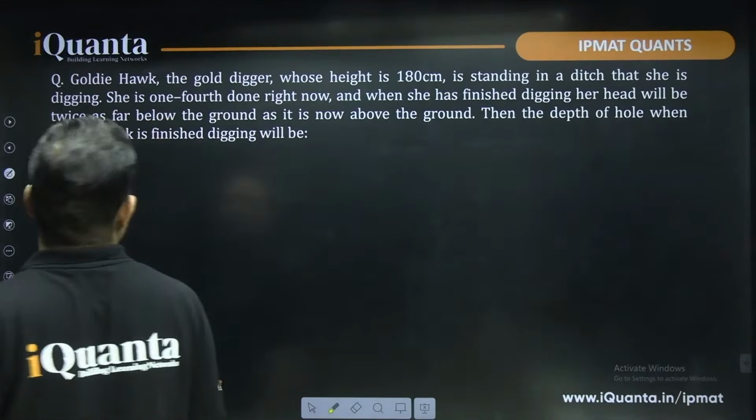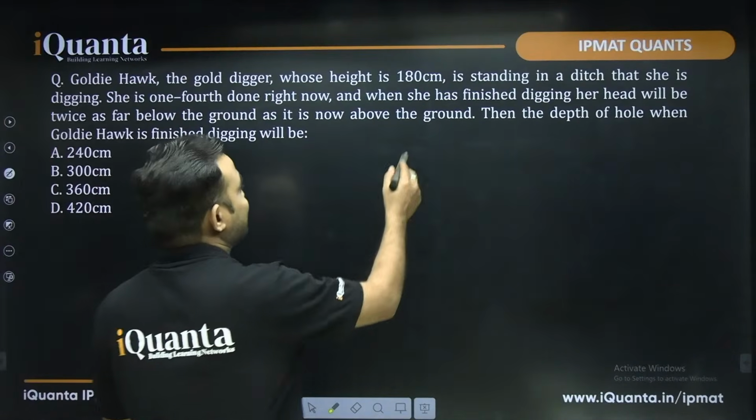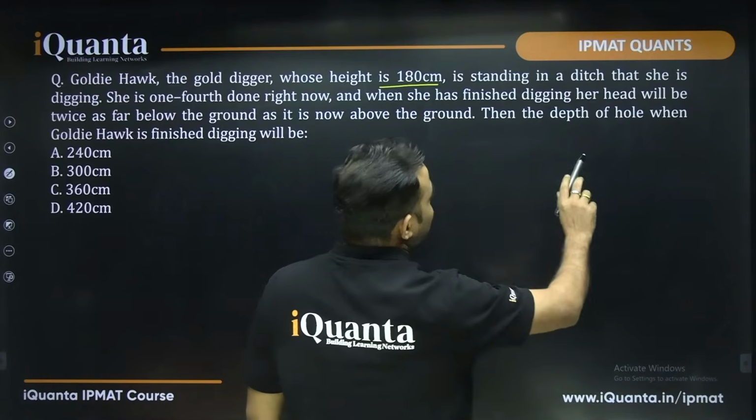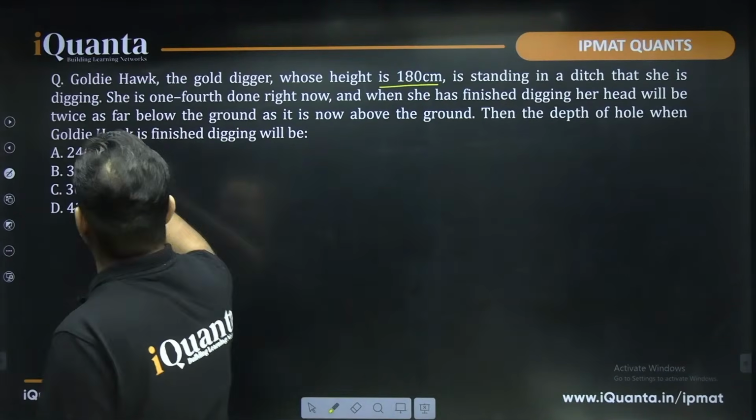Goldie Hawk, the gold digger, whose height is 180 centimeter, is standing in a ditch that she is digging.